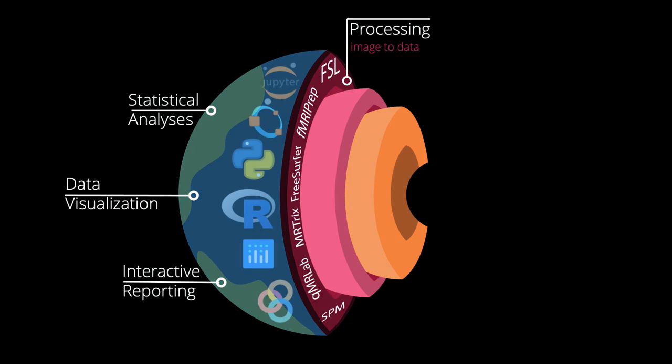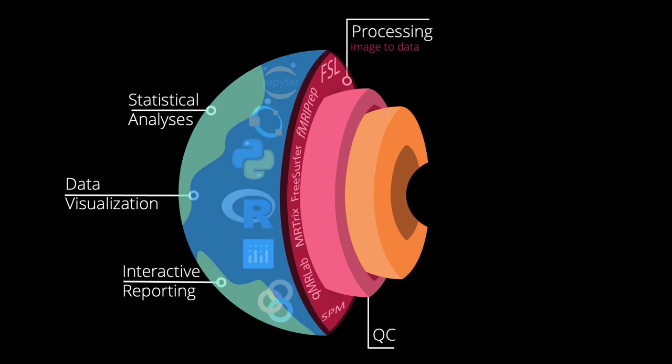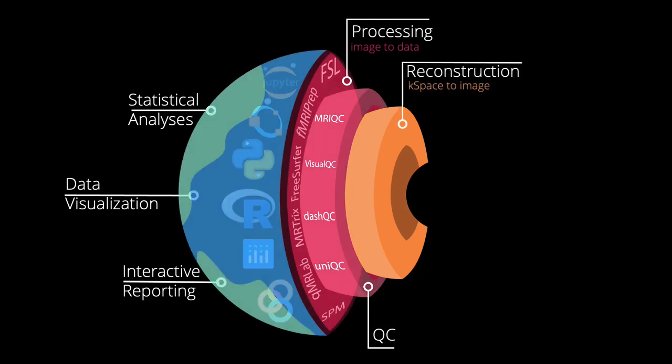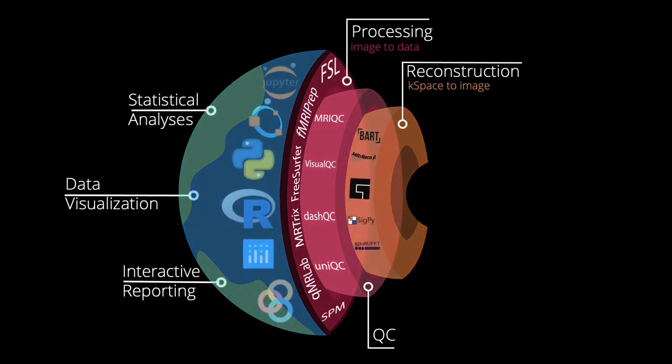Thanks to open source tools, we can make this layer transparent as well, and qMRLab is just one of these tools. The next layer would be quality control, to trace issues rising to the surface back to their origin, which is image reconstruction. There are really powerful open source solutions for reproducible reconstruction tasks as well, such as Gadgetron and BART.